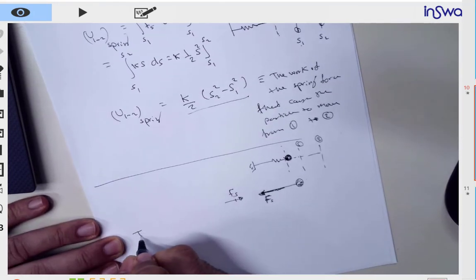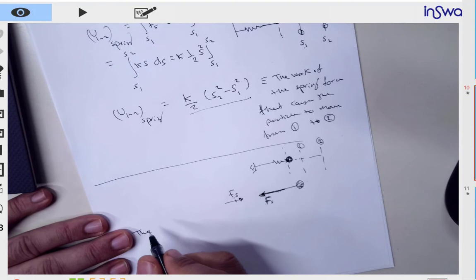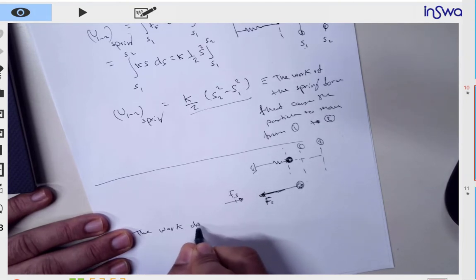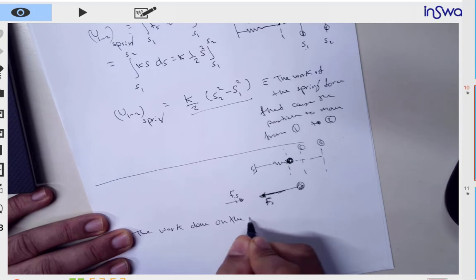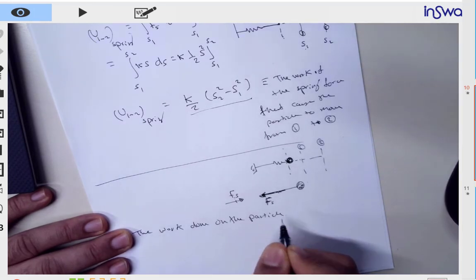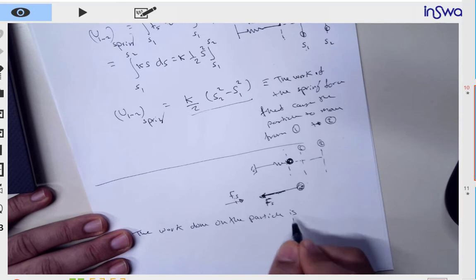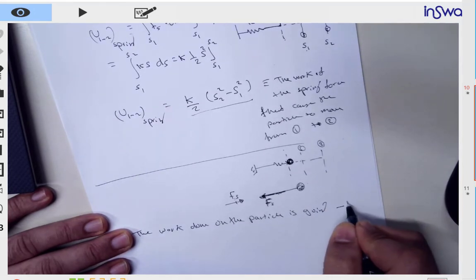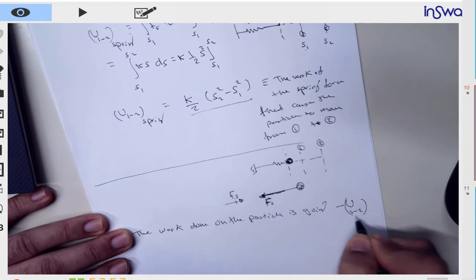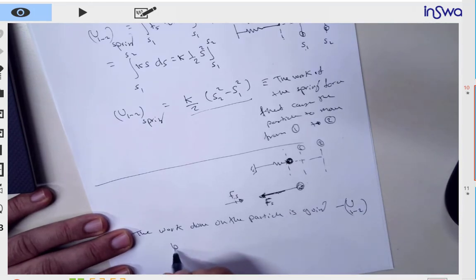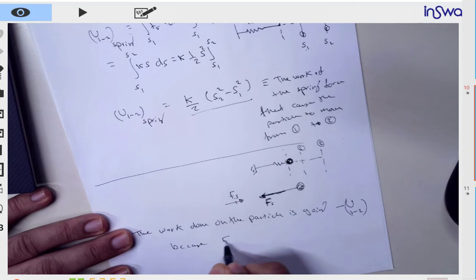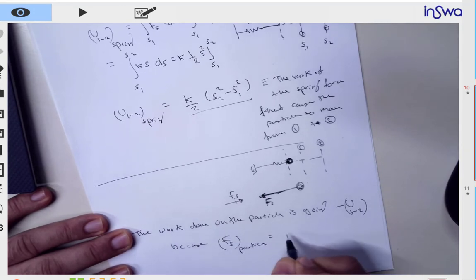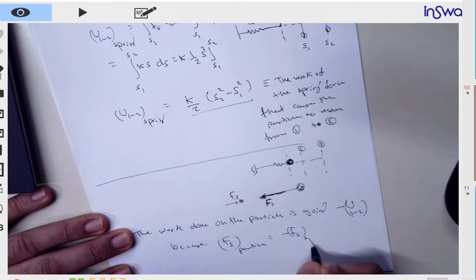Therefore, the work done on the particle is going to be negative, the integral from 1 to 2. Why? Because Fs on the particle is equal to negative Fs of the spring.